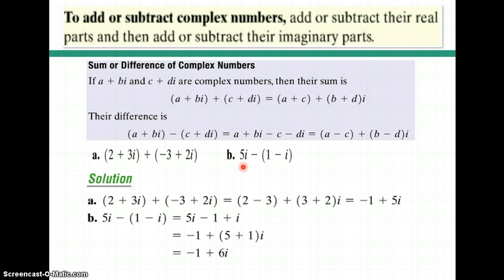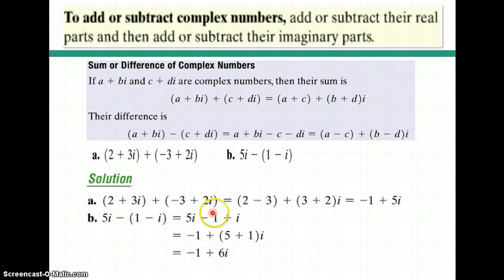5i minus of 1 minus i. By using the distributive property, minus times 1 is minus 1, minus times minus i is plus i.